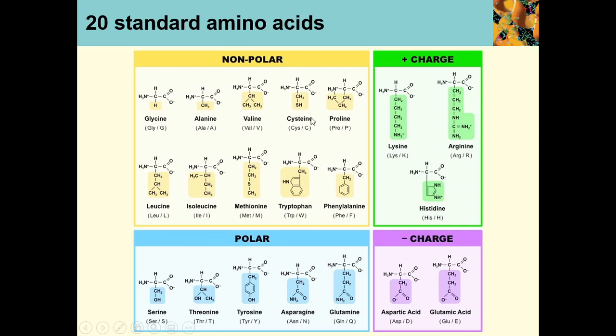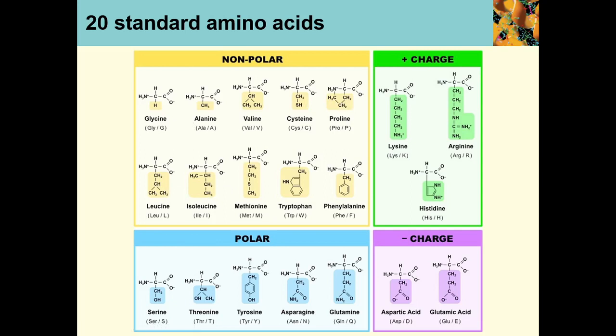We also discussed their classification into non-polar, positively charged, polar, and negatively charged. This is brought about by the differences in the side chain. As you can see, the side chain dictates the identity of your amino acid as well as the properties of that particular amino acid.